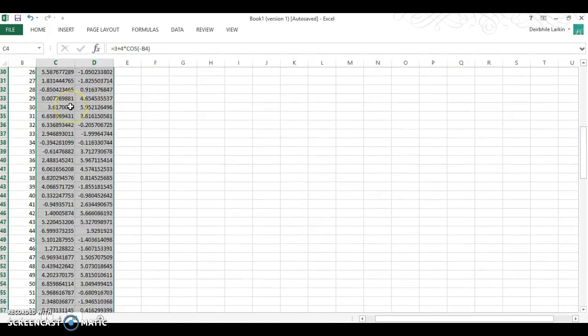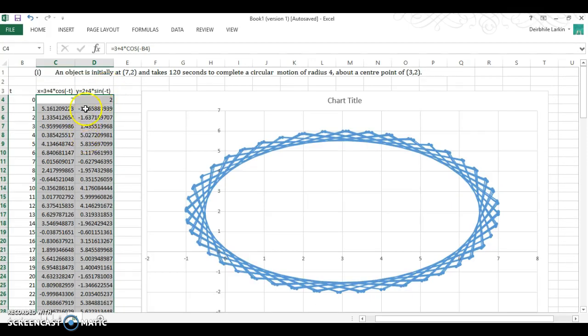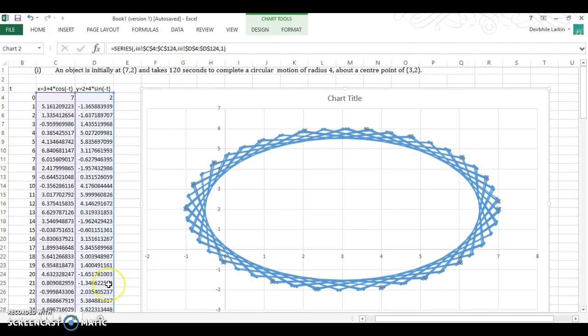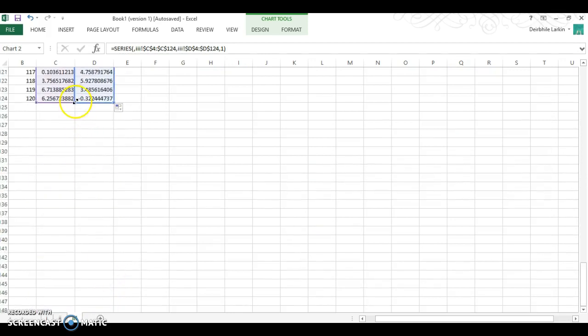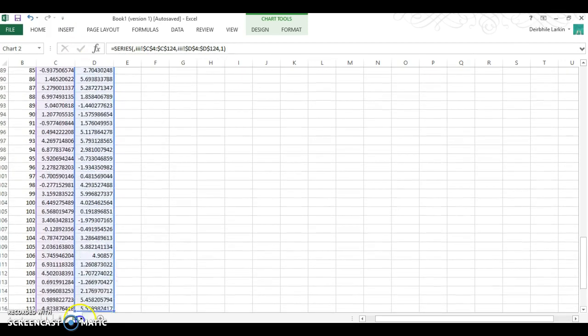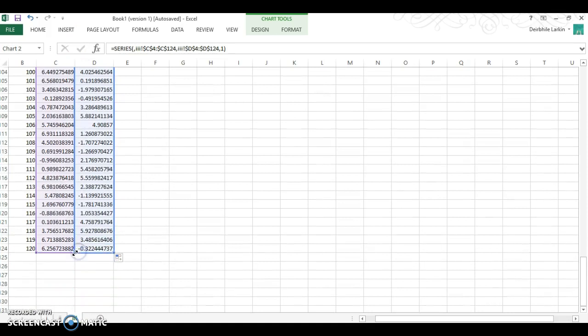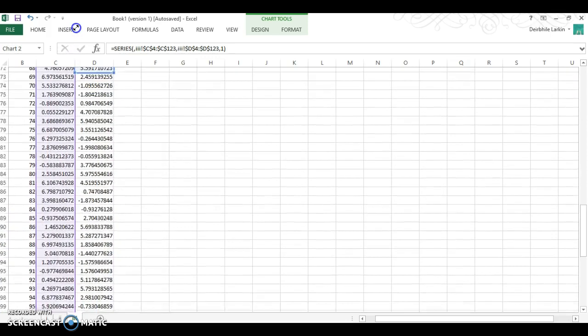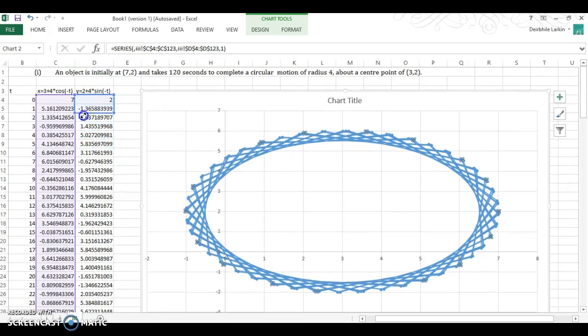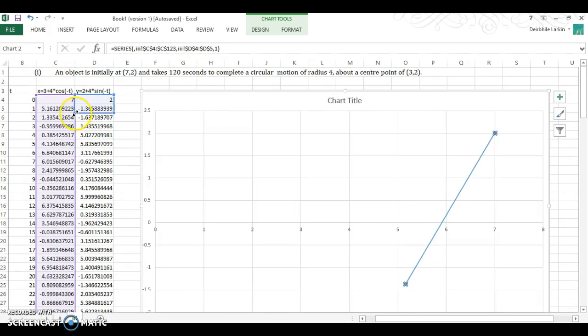As you can see, now we've started off with more minus numbers, and this chart should change as well. So we'll see the difference. As you can see, it's going in the opposite direction.